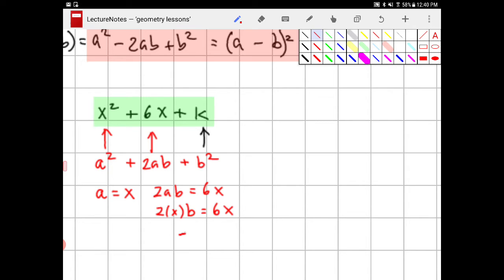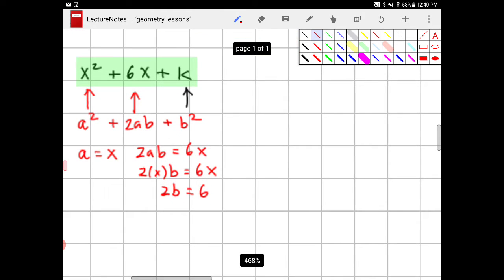So that means 2b is equal to 6, or b must equal 3. If b is equal to 3, and we're looking for what k is, and k is equal to b squared, then k must equal 9.